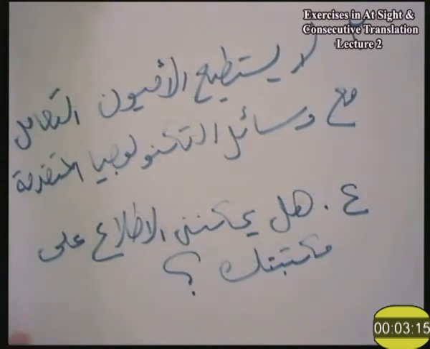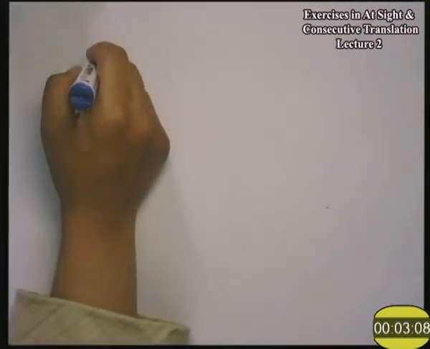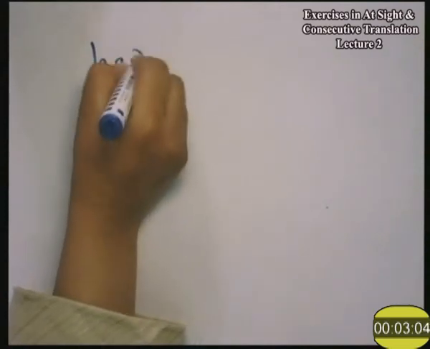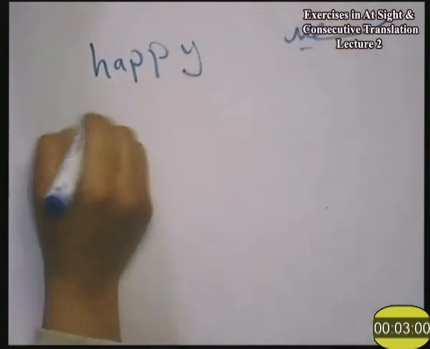Okay. All right. Something which is very important when you translate something which is in the opposite. For instance, we have happy, which means سعيد, and we have unhappy.